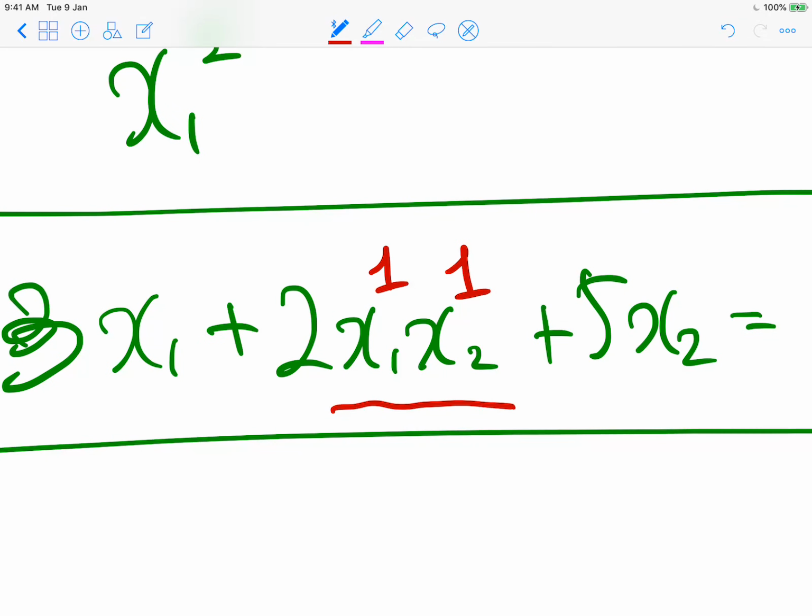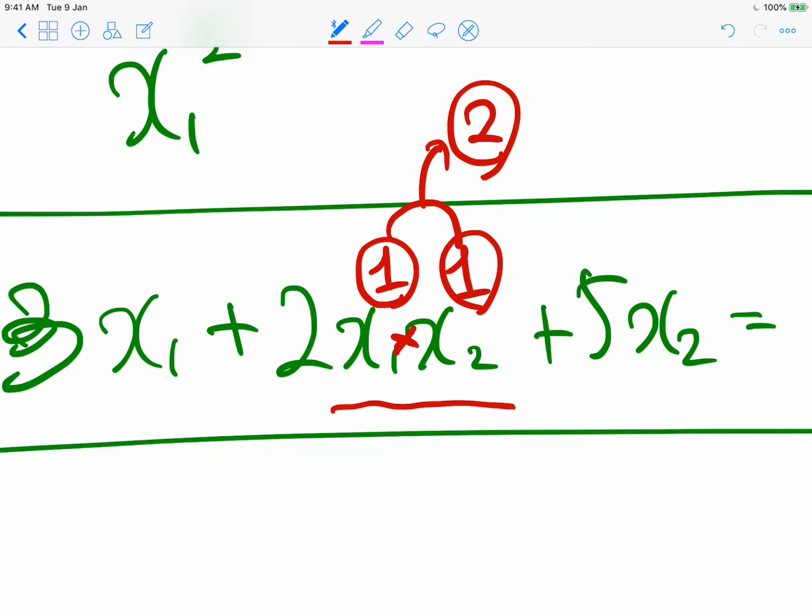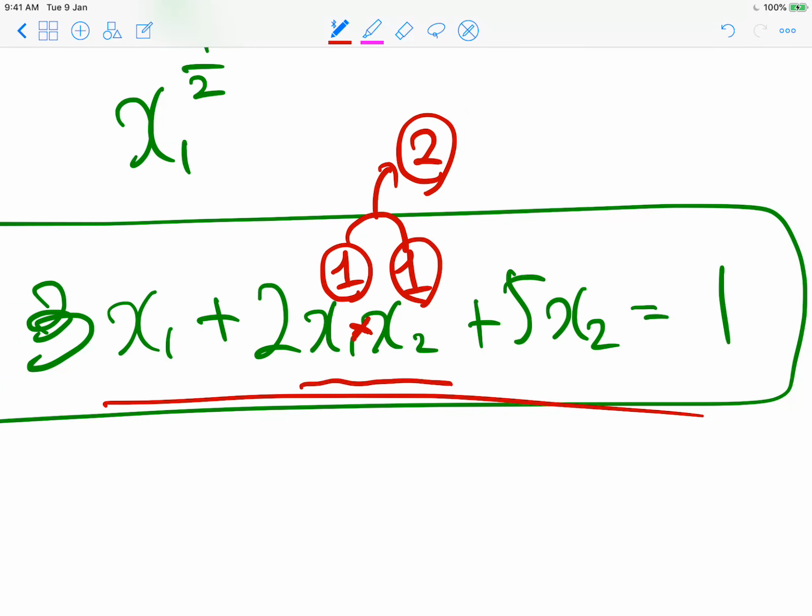But in this case they are multiplied together, so the sum of them will be the total order or degree of this equation. So this is basically a second order equation with respect to x1 and x2. In Korean: yes, it's a second order equation, so it's not linear.